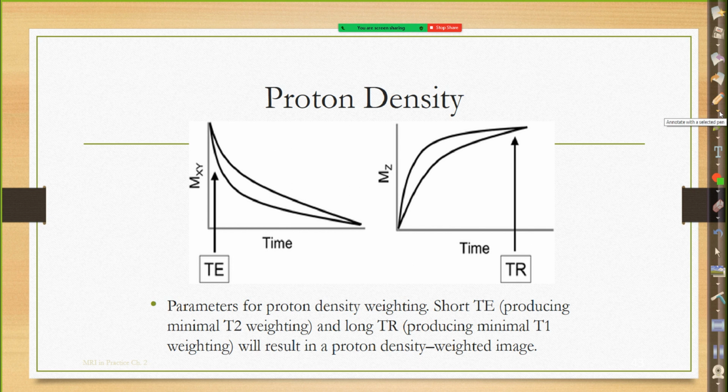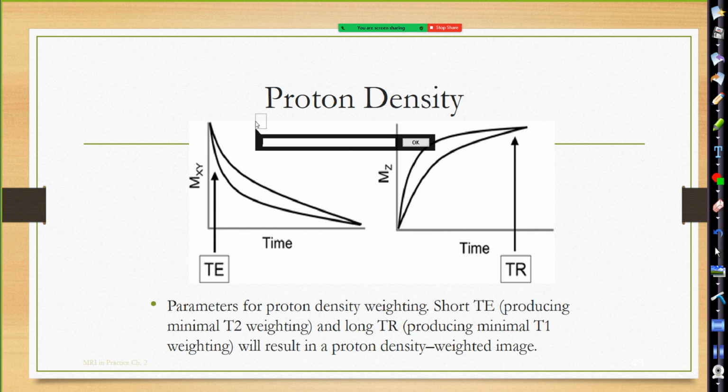What do you think? It is here, but what curve is this? This is the T2 decay curve. So if it's going down, think T2 decay. Is that spin-spin or spin-lattice? Spin-spin.